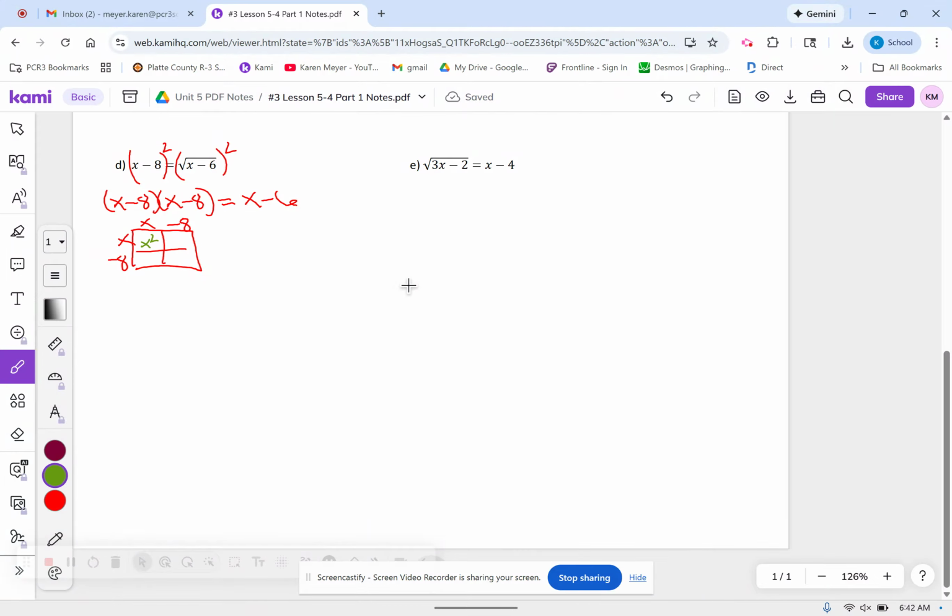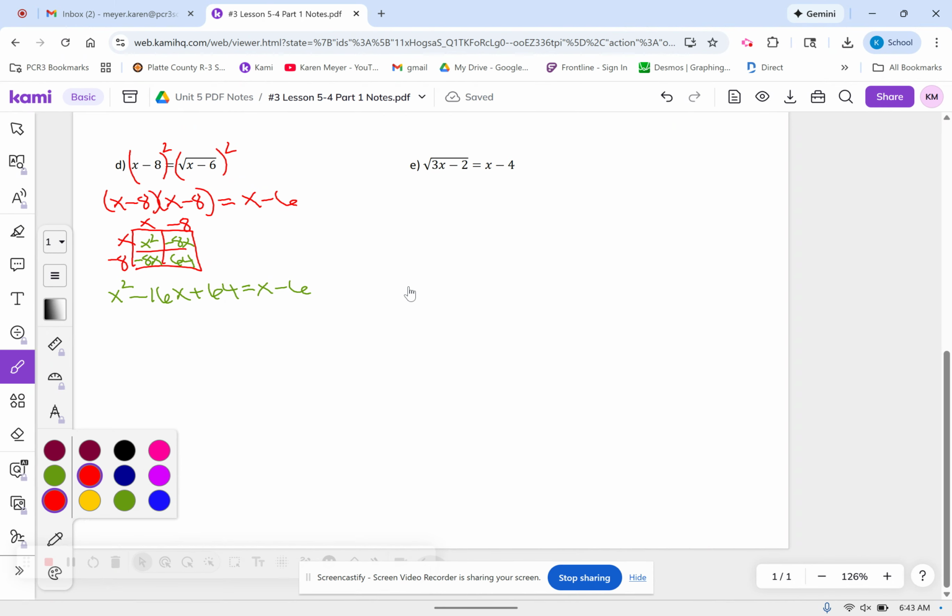So x squared minus 8x minus 8x and positive 64. So x squared, combine your like terms, minus 16x plus 64 equals x minus 6. And now because you have a power of 2, you're going to have to move everything to the same side where the x squared is so that you can factor.